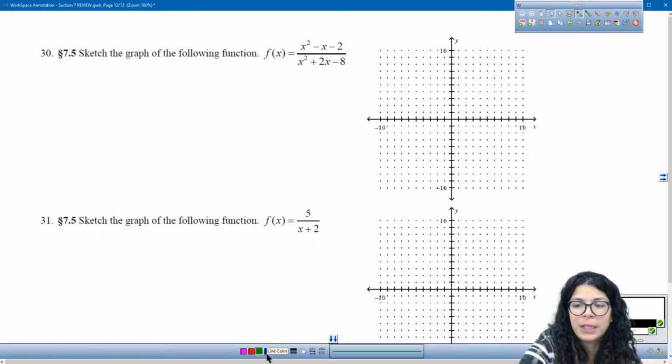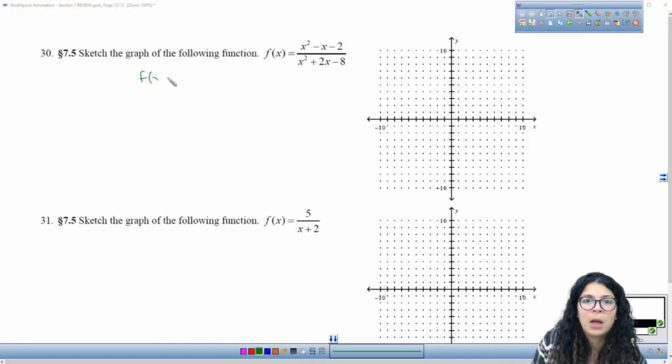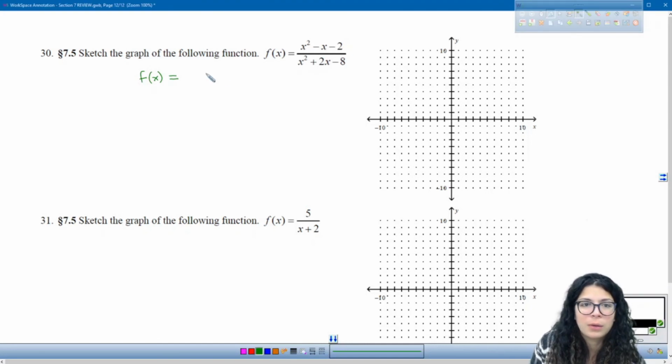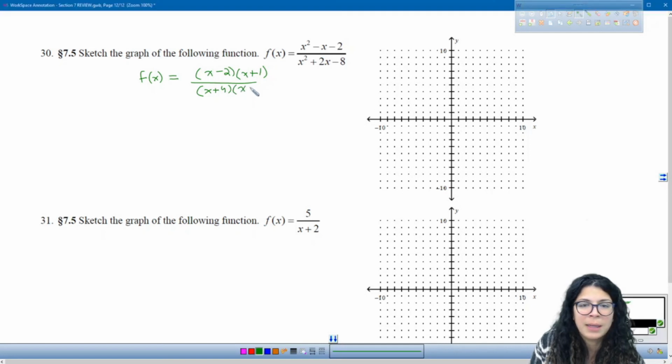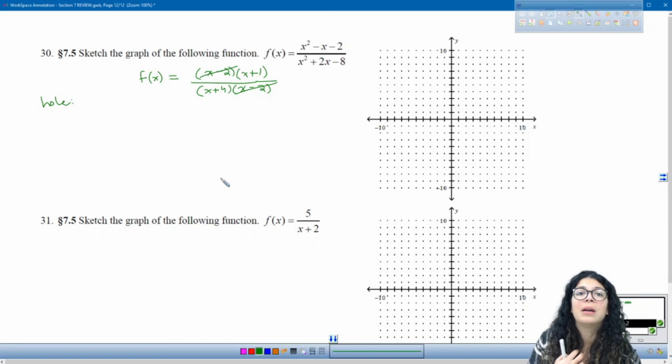So number 30, we have sketching this function right here. Let's go ahead and simplify it. On the top, this would factor into x minus 2 times x plus 1. On the bottom, this would factor into x plus 4 times x minus 2. So we have a hole, because the point of discontinuity, x minus 2, is removable.